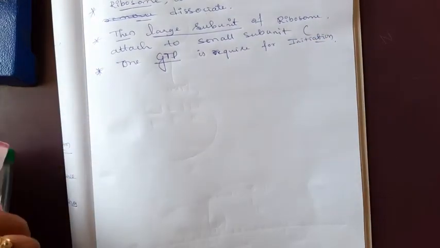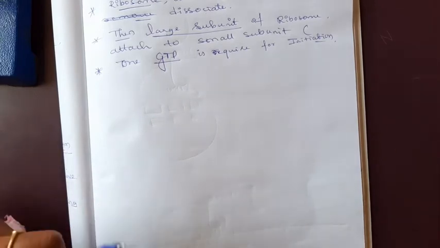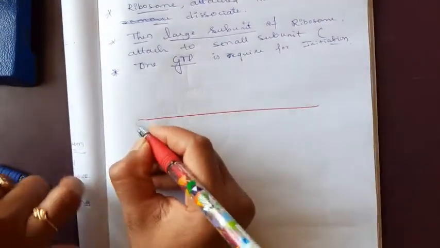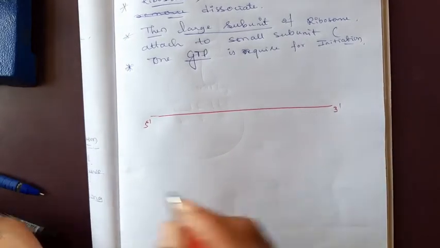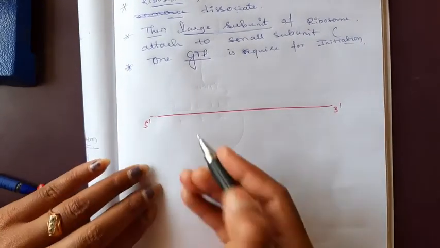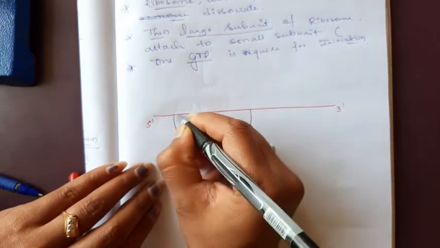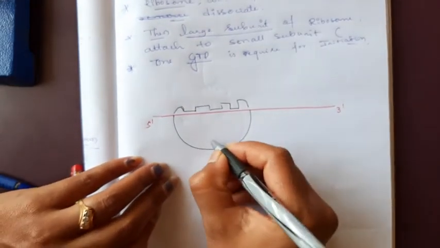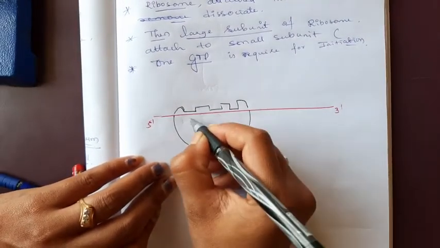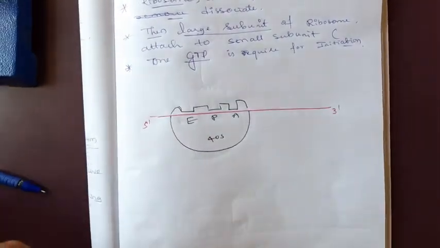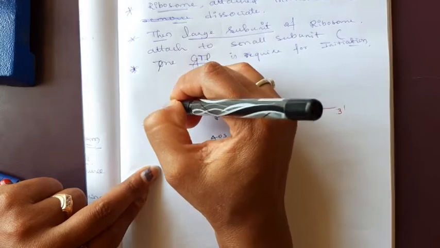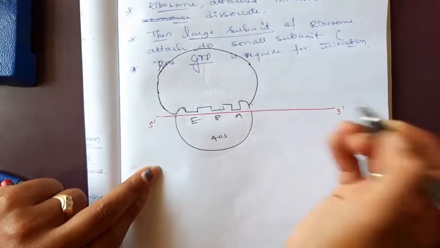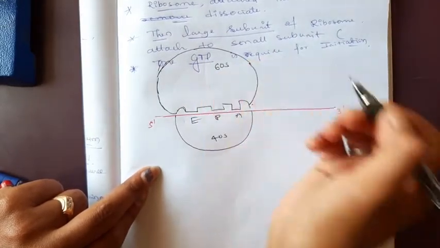Okay. Then I will draw the diagram. mRNA, 40S, EPA site, 60S large subunit.